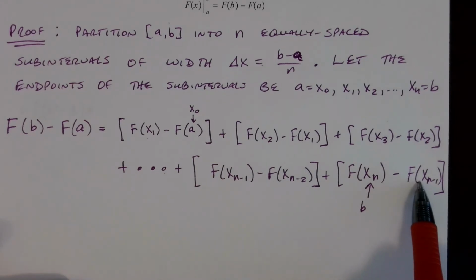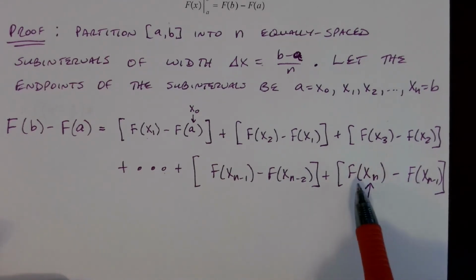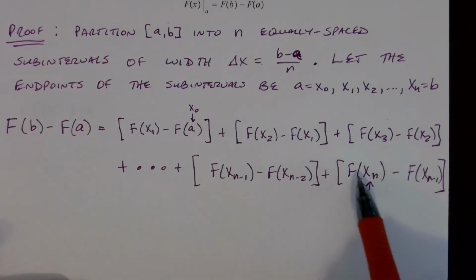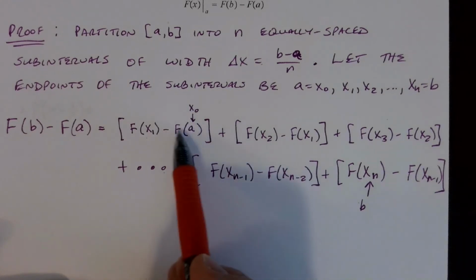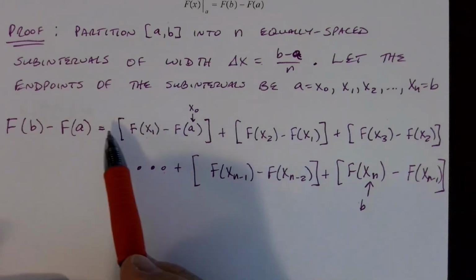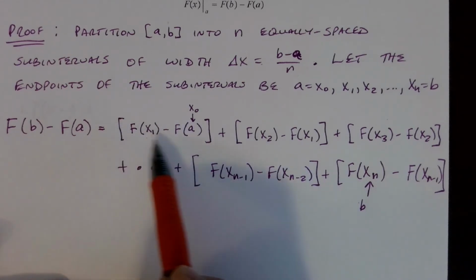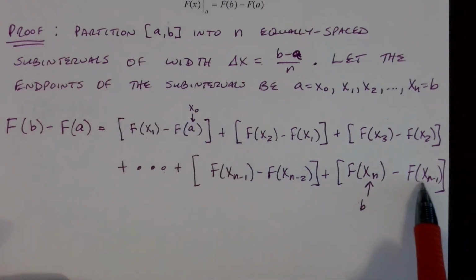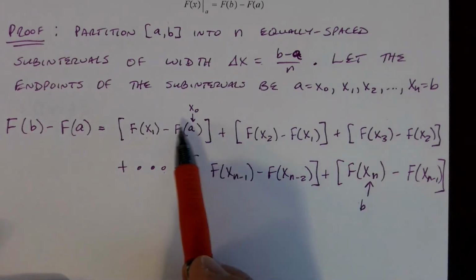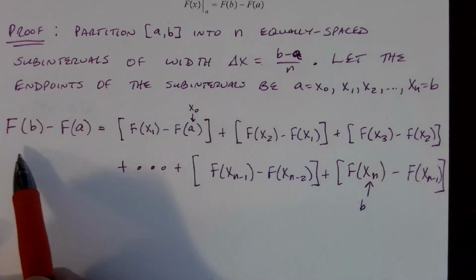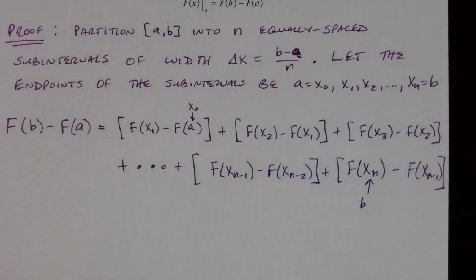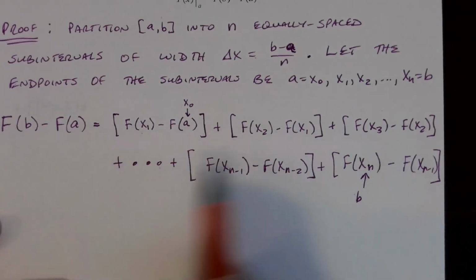Okay? All those cancel, and all we're left with is this one, F of x sub n, or F of b, right? There's not another one after that. And this minus F of a, there's no positive F of a anywhere. No positive F of x sub 0. And so what are we left with? F of b minus F of a. Okay? But they are equal. You might say, why would I go through this process?